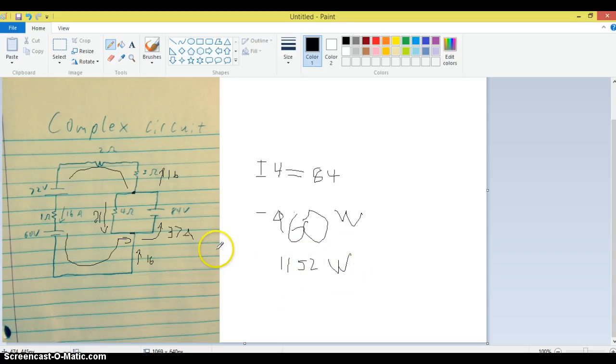Then this battery here is going to be 84 times the 37 amps that it has, which is 3,108 watts.